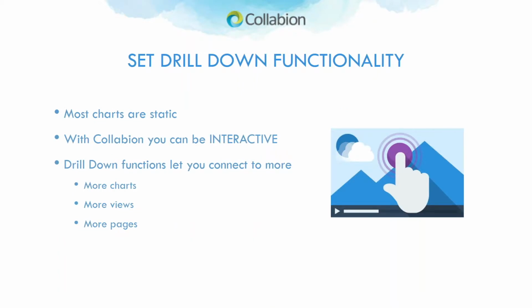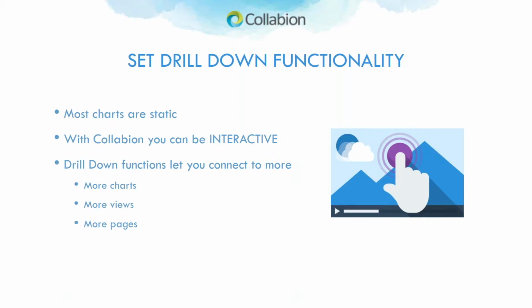One thing that's important is interactivity. Usually when we're thinking about charts, we're just thinking about a static diagram up on a page. You look at that, it's interesting and nice in a presentation, and then you go on to the next thing. Instead, I encourage you to think about drill down functionality. We don't want to just show a chart on a page. We want a way to click on the chart and show context information.